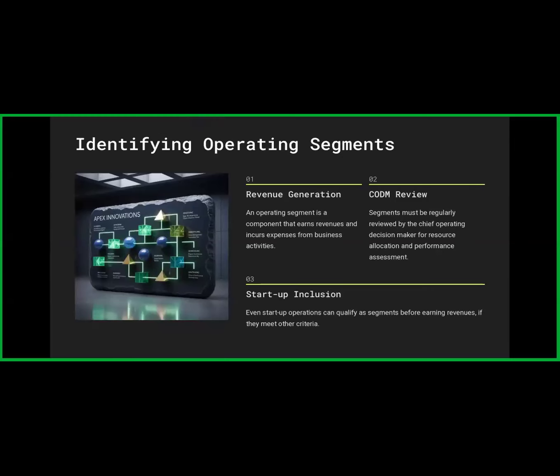Okay, so identifying the operating segment. How do we identify the different segments of an organization? For example, if we take any car company, how many segments does that car company have? We can say the car parts segment. We know that there is software in the car, so the software segment. Motor vessel segments, the electronics equipment segment, warehouse leasing operations, finance segment.